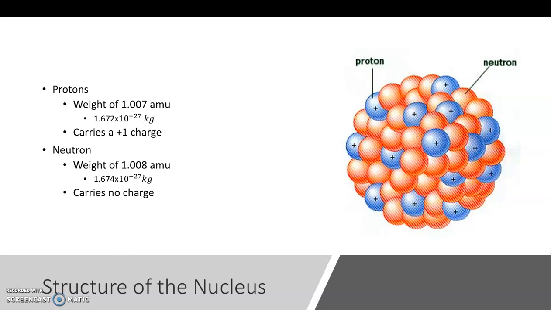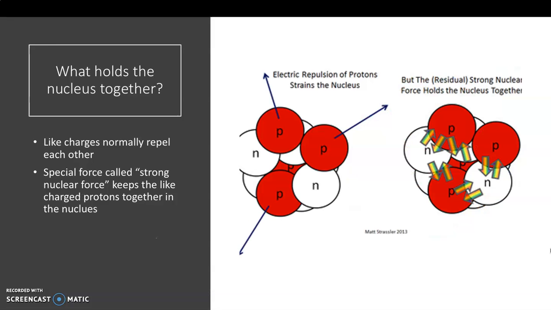Now, we learned in this class that like charges repel each other. So common sense would say that protons would repel out of the nucleus, and it doesn't make sense that the nucleus can stay together. But scientists and physicists have discovered that there's something called a strong nuclear force that keeps nuclei together. Not much is known about this force other than the fact that it works in the nucleus.